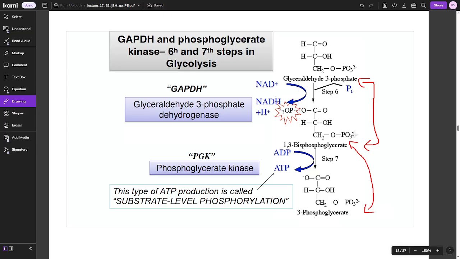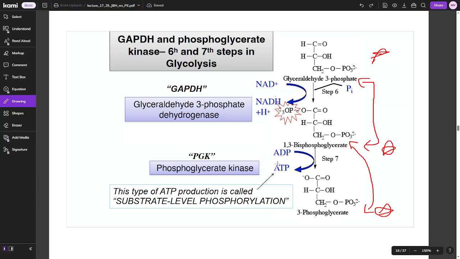So even though going from glyceraldehyde 3-phosphate to 1,3-bisphosphoglycerate is not favorable, by coupling it to the formation of 3-phosphoglycerate and forming ATP, we actually do generate a spontaneous reaction.